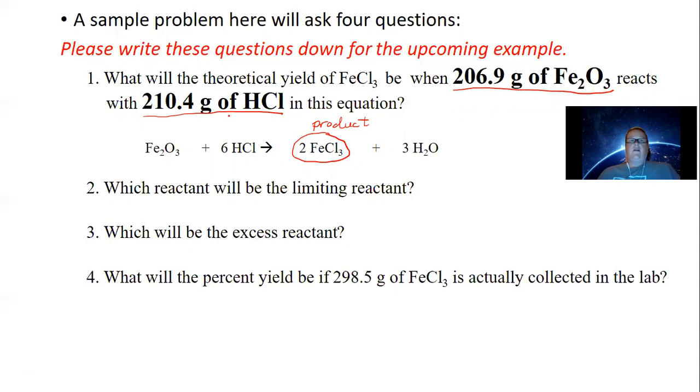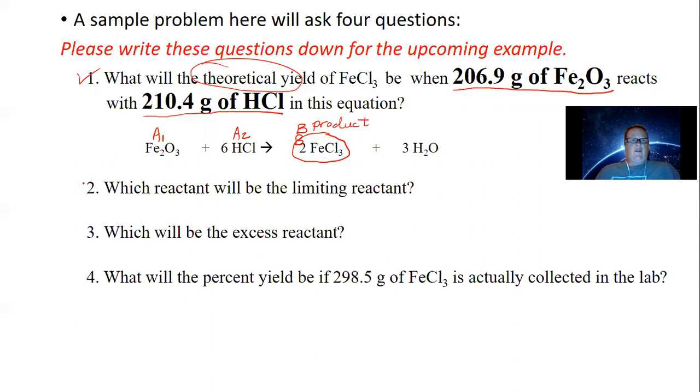To do step 1, there are going to be 2 mass-to-mass calculations. This is going to be your first A, and this will be your B. This will be your second A, and this will also be your B. Whichever of the 2 calculations gives you the smaller number is the theoretical yield.